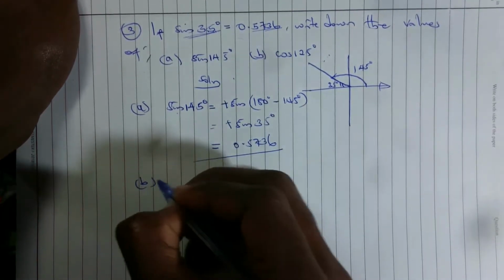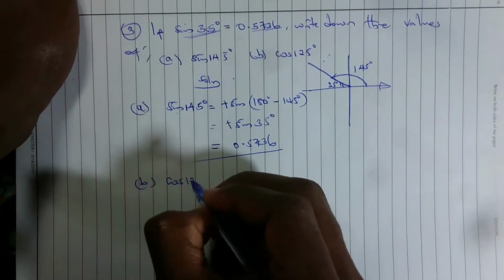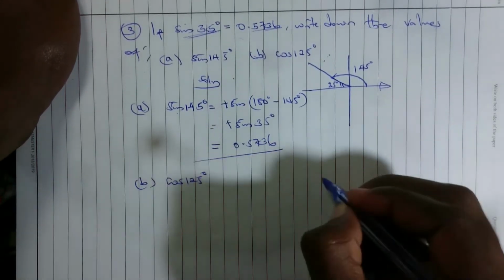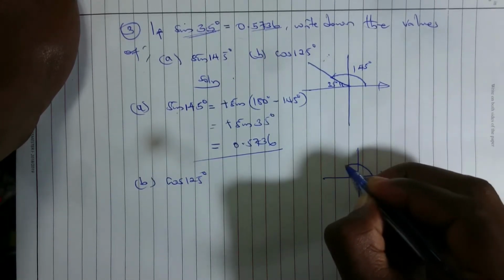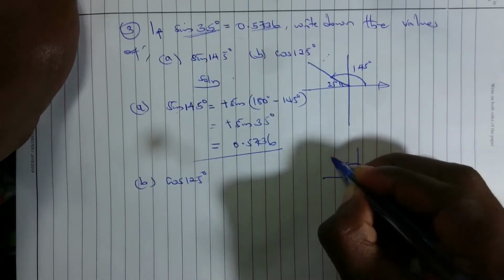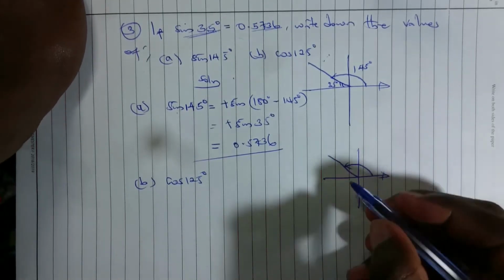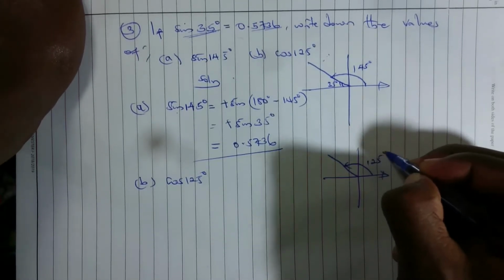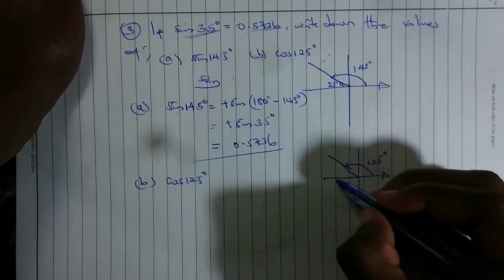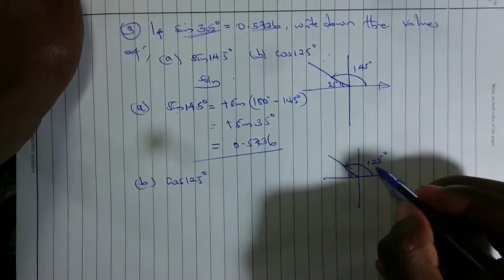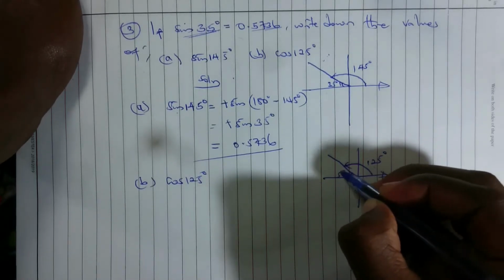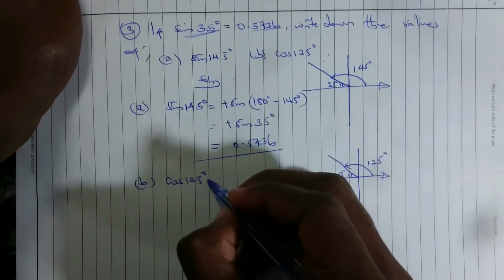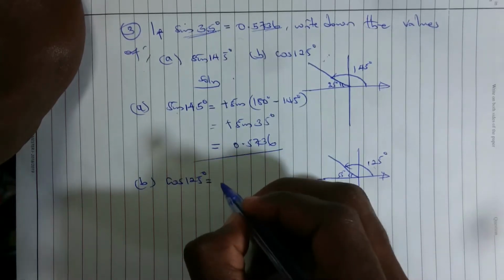We look at B, which is cos of 125 degrees. If you draw 125 there, I think it enters inside there beyond 90. So we're going to have that 125 degrees. So that means here will remain something, that's, I think, 55 degrees.